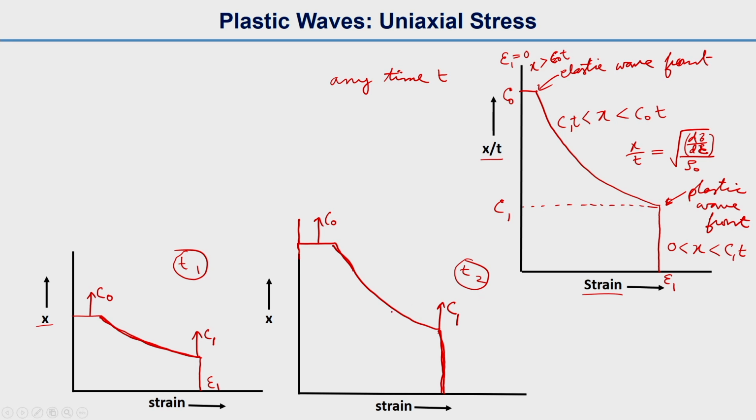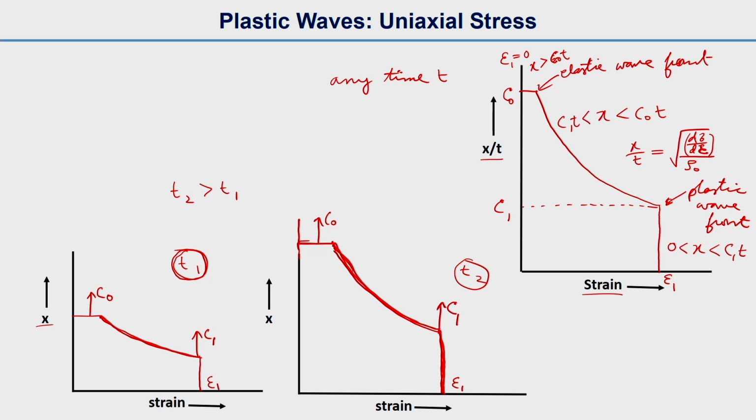So, as we can see that at time t2 this has the same maximum strain, but we can see that this portion of the curve is spreading out. So, you can see the difference of the wave profile for time t equal to t1 and then time t equal to t2, where your t2 is greater than t1.